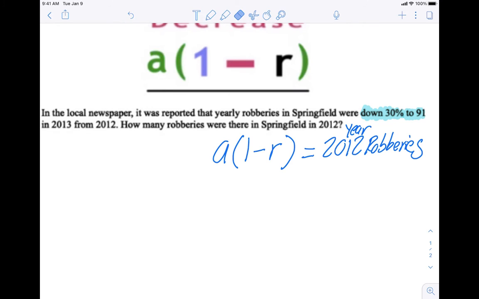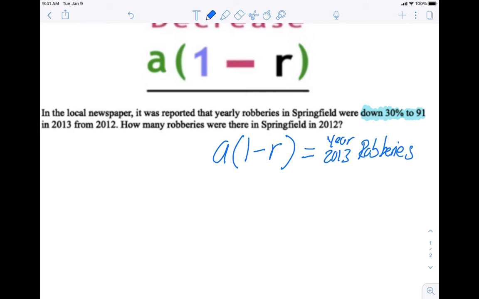This is wrong right here. From 2012. This is actually 2013 robberies, right? Because the solution is always what happened afterwards.